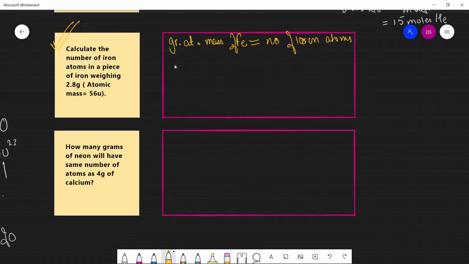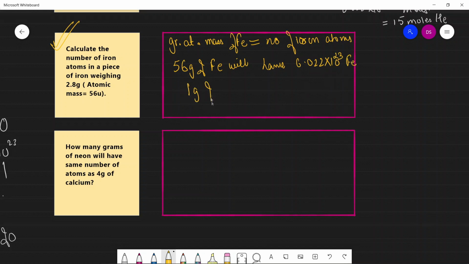Right? So now we are going to write whatever we know. So gram atomic mass is 56 gram of iron will have how many atoms? 6.022 into 10 raised to the power 23 atoms of iron.